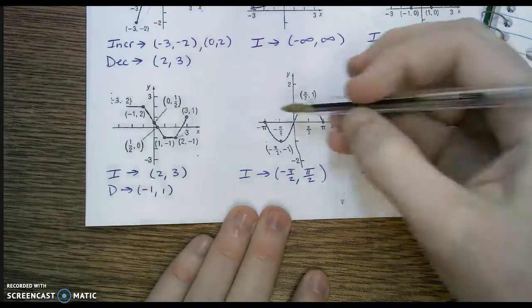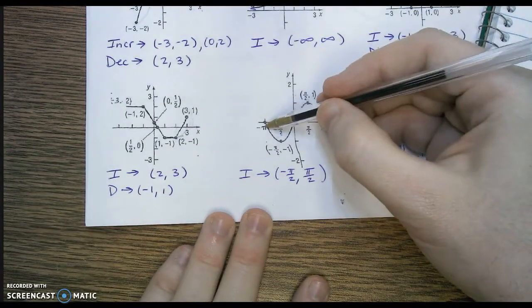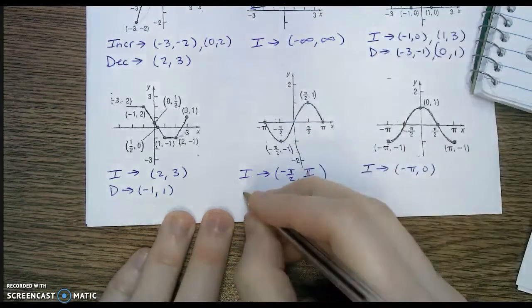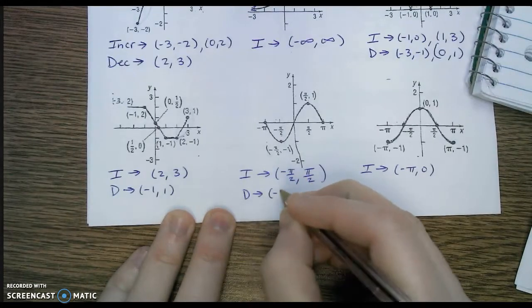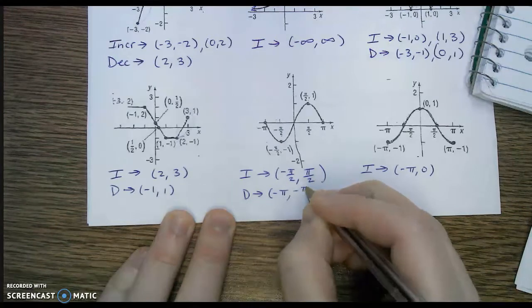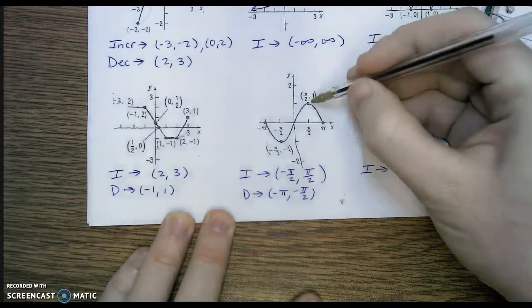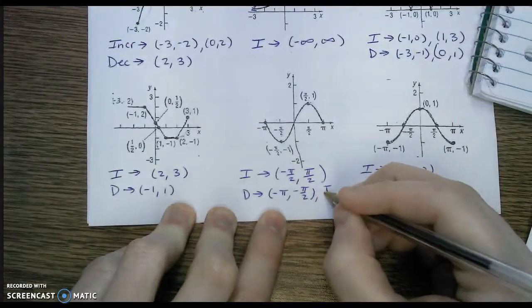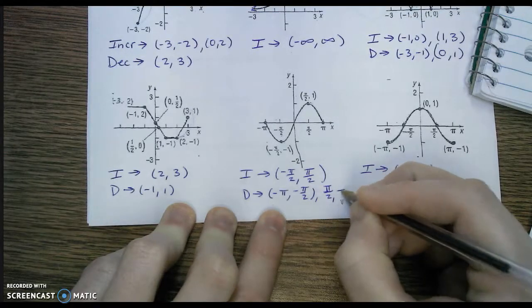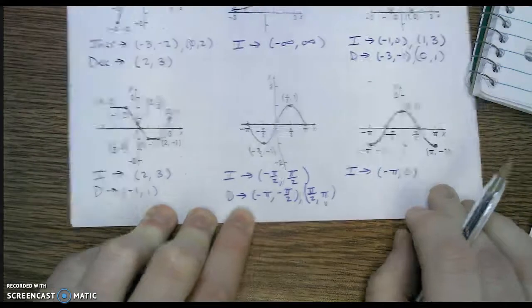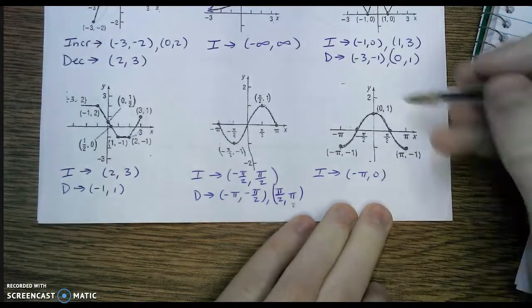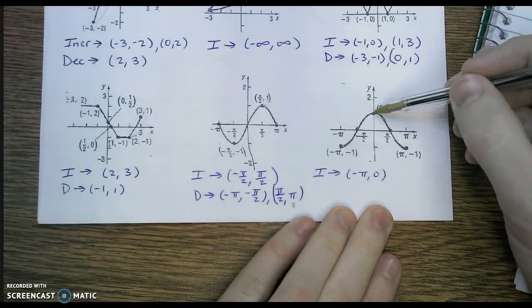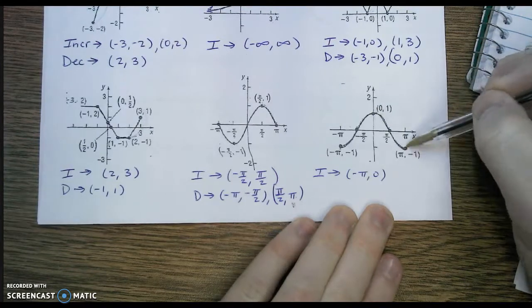Here we're decreasing twice. Here from -π to -π/2. And here from +π/2 to π. And this graph is decreasing from the x value 0 to the x value π.